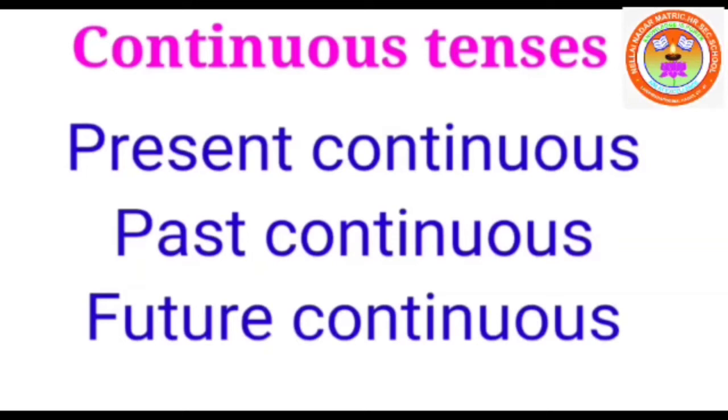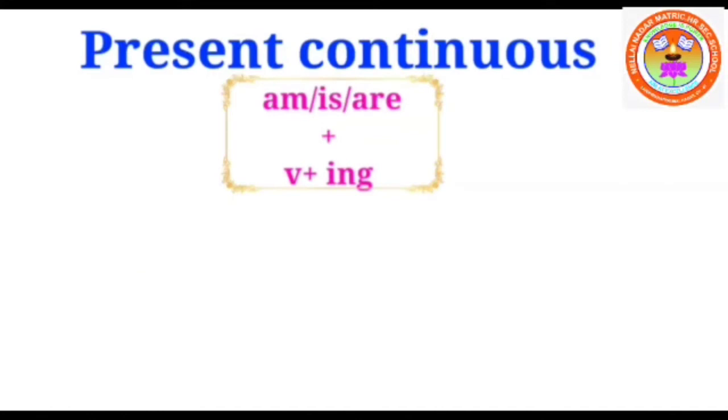So, the question is, how are we going to differentiate? How are we going to identify whether it is a present continuous or the past continuous or future continuous? So when we use present be form verb like am, is, are, that will denote present.